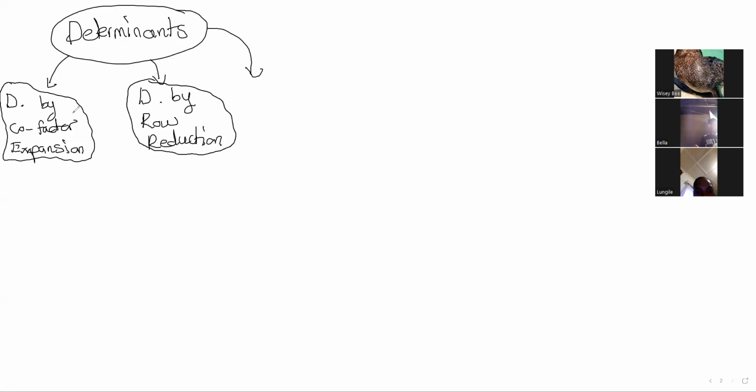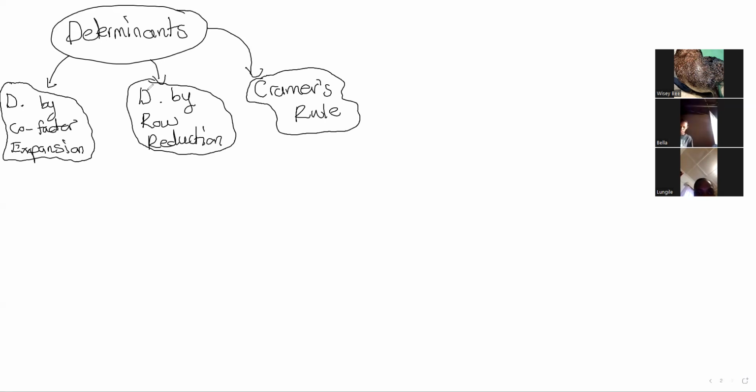And then once you are able to find a determinant, you need to be able to solve an augmented matrix or a system of equations using Cramer's rule. So these are the three things you need to know in determinants. You need to understand all three of them.